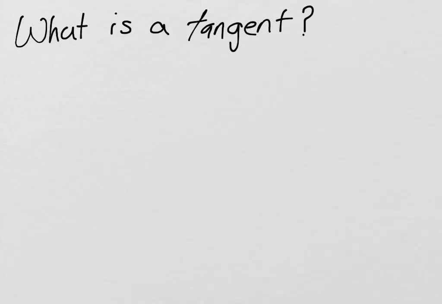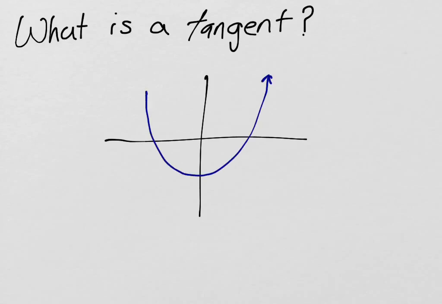When looking at a function, we can look at any point on our function and determine the tangent to it. What is a tangent? Well, it's a straight line that has the slope equal to the rate of change of the function at that point.